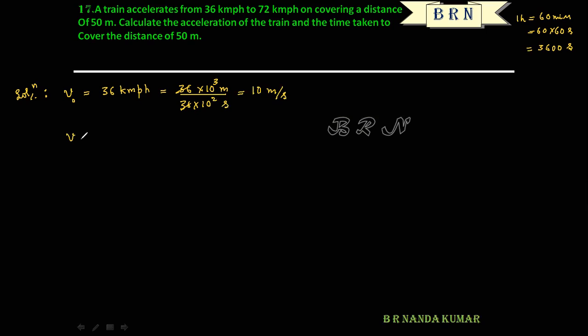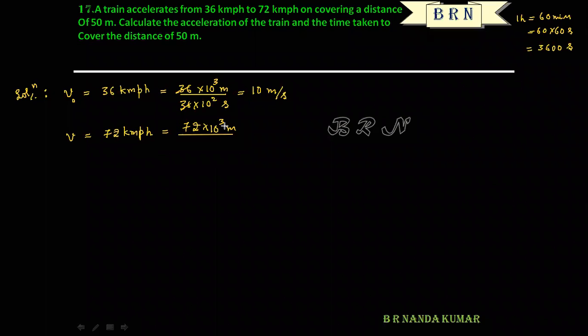So what is the final velocity? That is 72 kilometers per hour. 72 kilometers is 72 into 10 power 3 meters, divided by 1 hour, which is 3600 seconds, so that is 36 into 10 power 2 seconds.